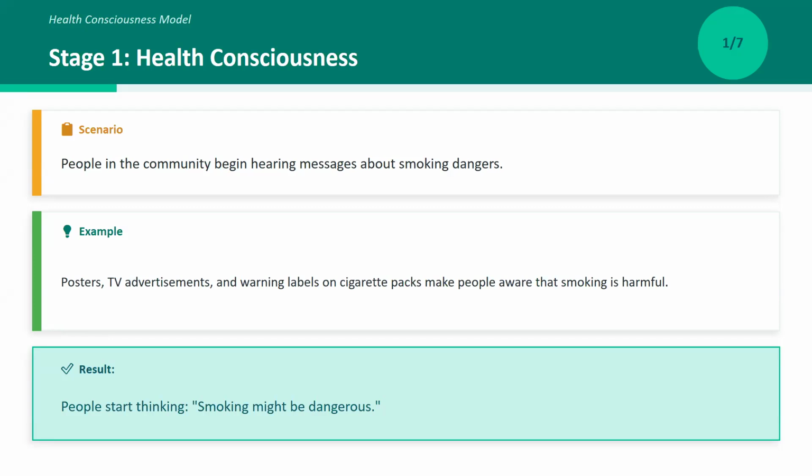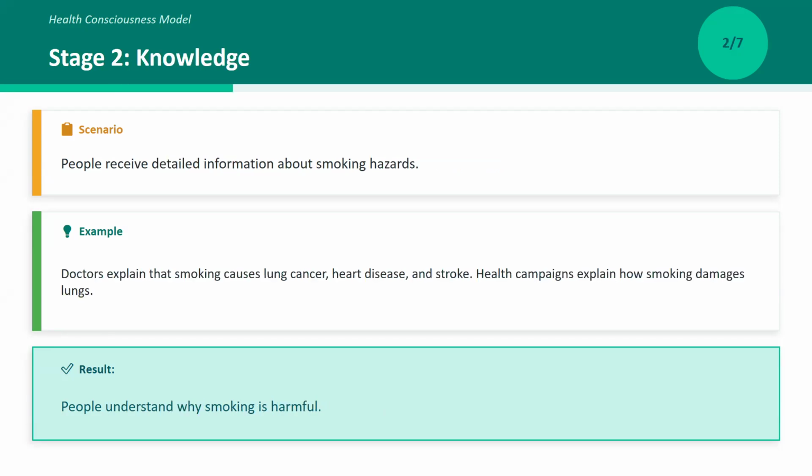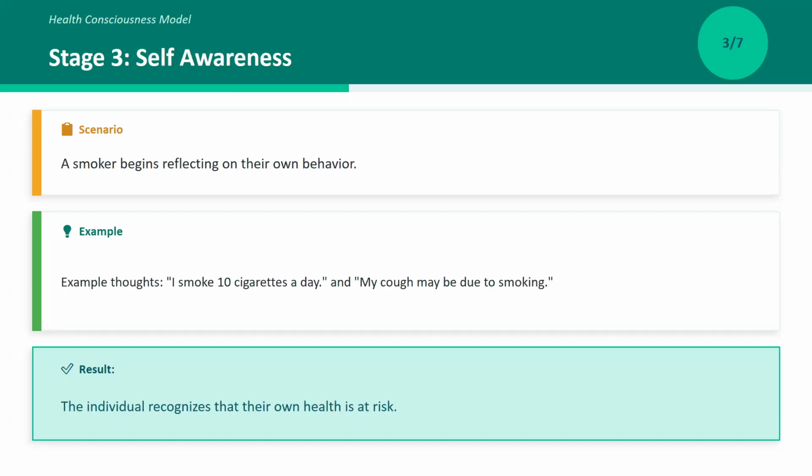The result of this stage is that people start thinking that smoking might be dangerous. Then the second stage is knowledge, where people receive detailed information about the smoking hazards. For example, doctors explain that smoking causes lung cancer, heart disease, and stroke. Health campaigns explain how smoking damages the lungs. The result of this stage is that people start understanding why smoking is harmful.